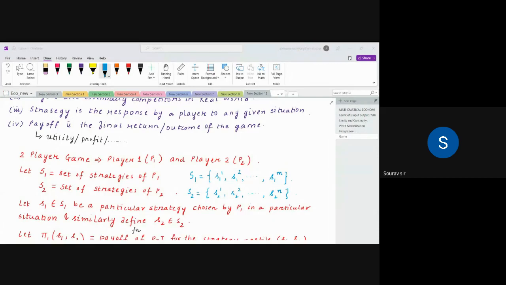You can take it in a generic format. It's not really compulsory in a general scenario that the number of strategies that the players have need to be the same. It could be different, it could be the same, any kind of combination you can think of.